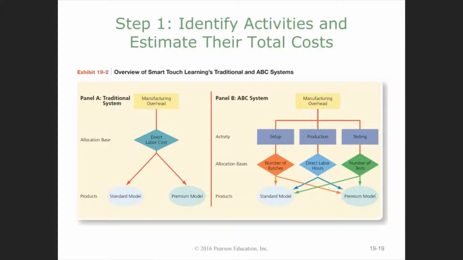So for products, we have standard or premium, and under number of batches, you see the allocation base number of batches can go to the standard model or it can go to the premium model. And the same with direct labor hours and number of tests.